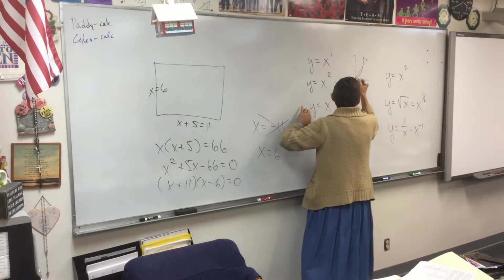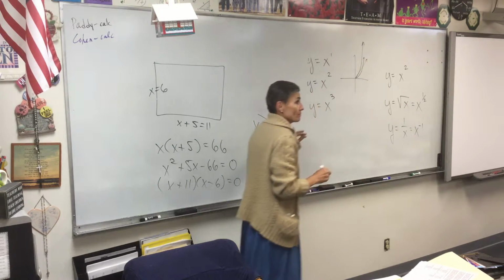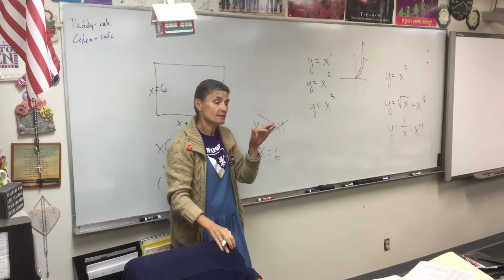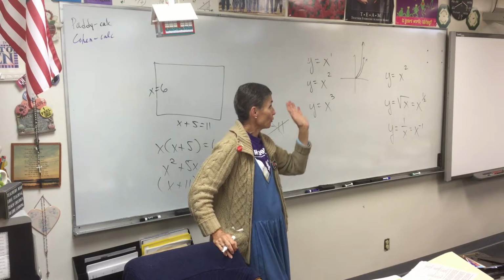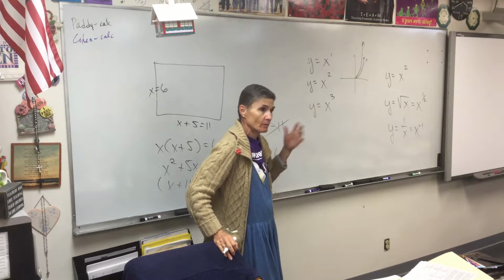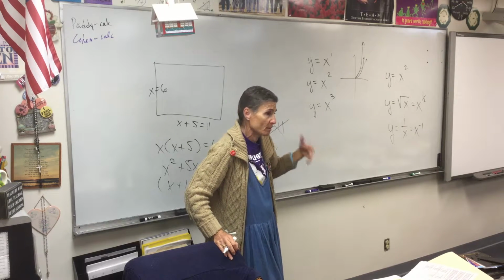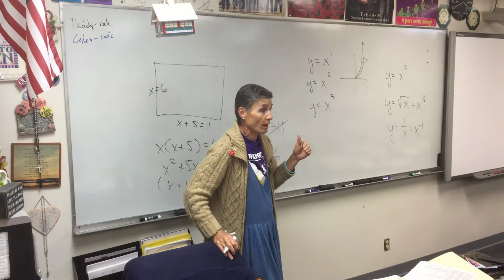And what happens here? It goes up even faster. So when you're raising to powers bigger than 1, your curve is shooting up faster, depending on how big the number is. The bigger the number, the faster it goes up, if the power is bigger than 1.